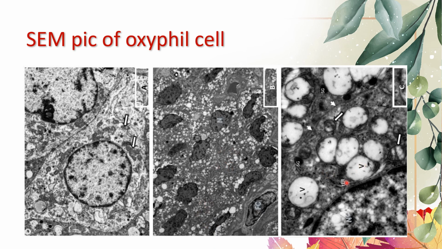In this diagram you can see the vacuoles and the rough endoplasmic reticulum. These are the mitochondria. The secretory granules are present over here. All these are lipid containing vacuoles, and in this corner you can appreciate the nucleus.